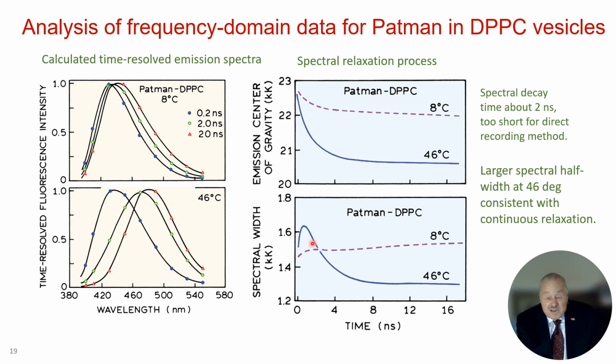The half width a little bit out is wider, and then it goes back to a more narrow spectrum. So this is proof of a continuous relaxation process. And it's also consistent with a two-state process. So you can't really say which one, but the data do indicate a continuous process.